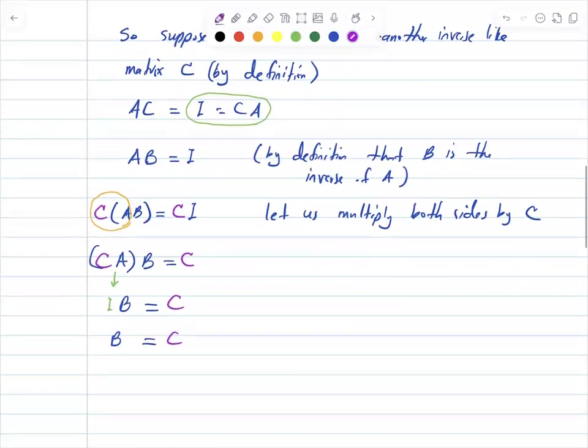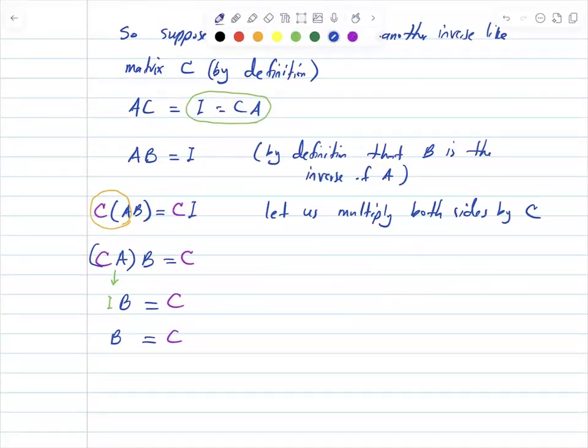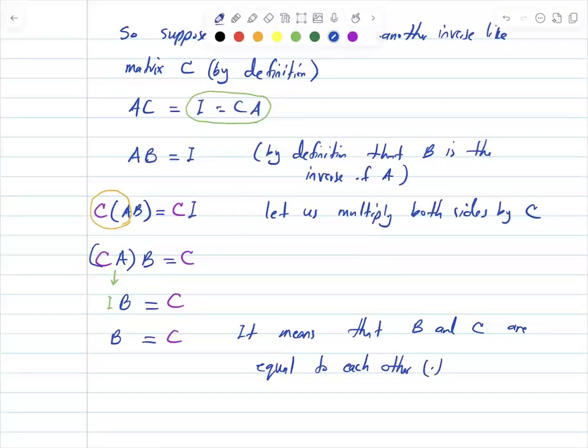So what's the meaning of that? It means that B and C are equal to each other, or basically, they are the same matrix.